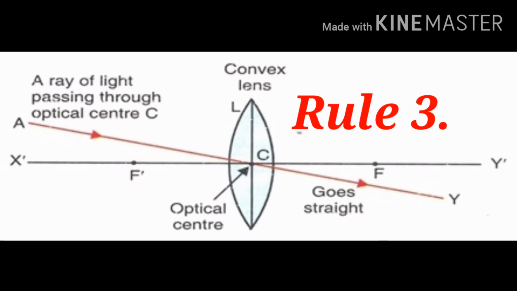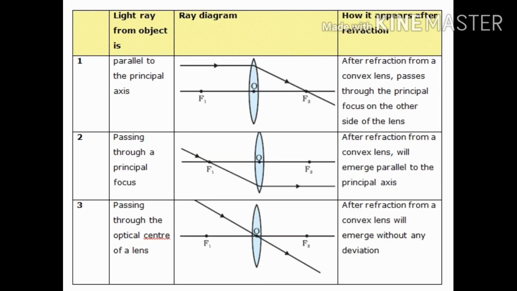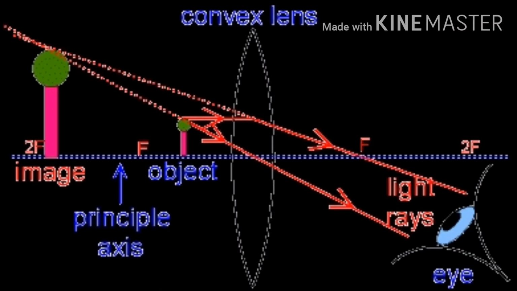Rule number 3: when the incident ray passes through the optical center of the lens, it passes without changing its direction. Thus, we can determine the position, size, and nature of the image formed for different positions of an object with the help of a ray diagram. So let us learn images formed by convex lenses for different positions of the object.